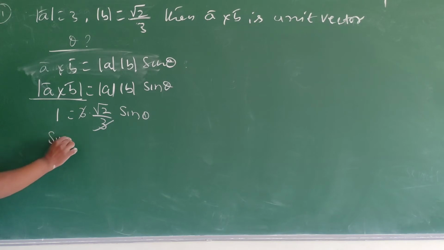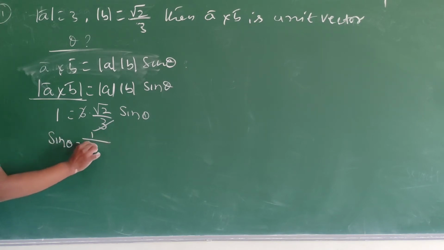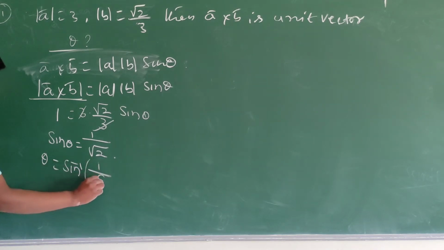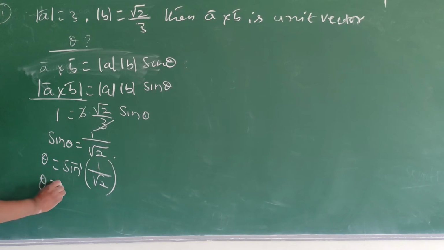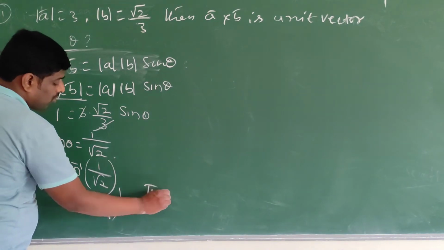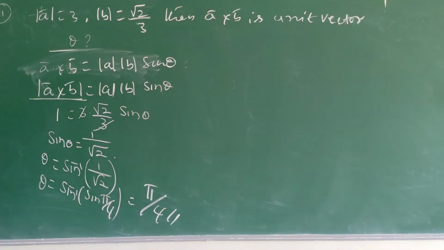Therefore sin theta equals 1 divided by root 2. That is theta equals sin inverse 1 by root 2, which is sin inverse of sin pi by 4. Therefore it equals pi by 4. This is the angle between the two vectors.